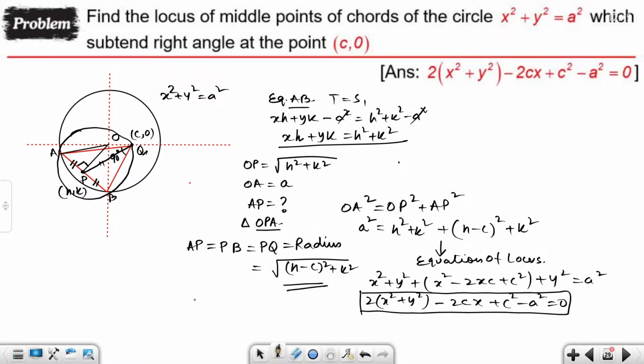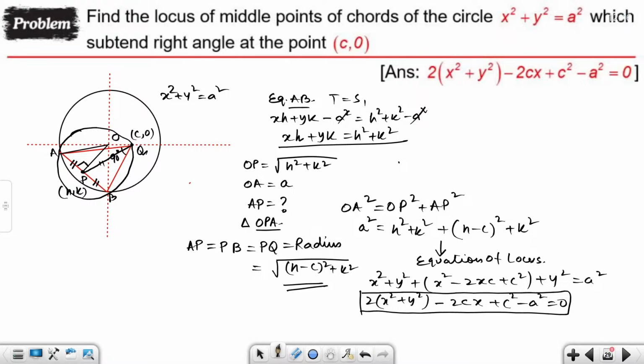For that, I need the length AP, because OP we know by the distance formula, and OA we know it's the radius of the circle. The only problem was the length of AP. So for that, I have used a special concept. Please try to remember the method, not the sum, but the method.